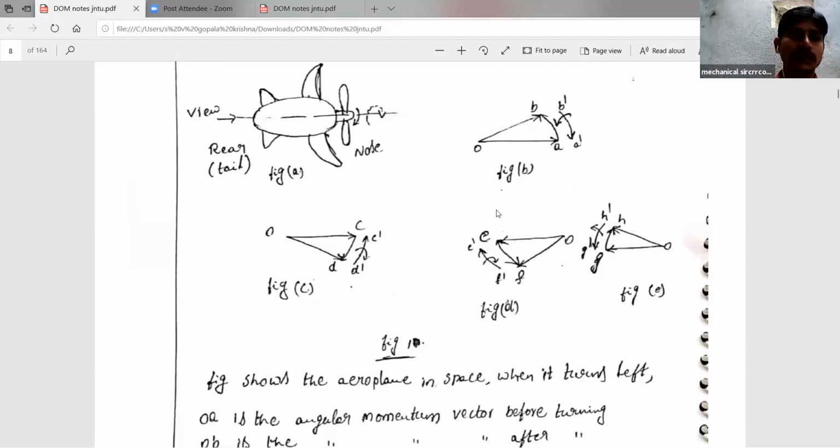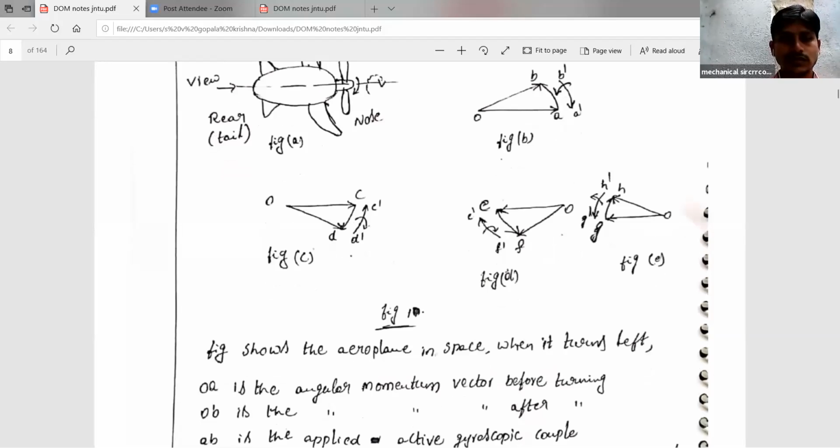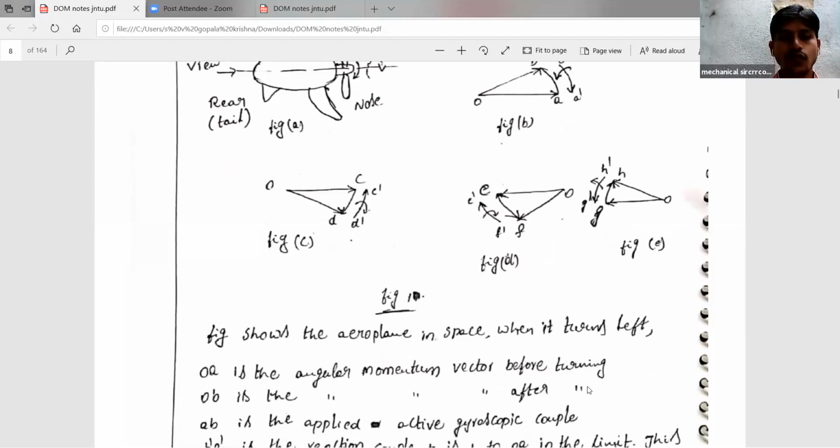OA is the angular momentum vector before turning, and OB is the angular momentum vector after turning.